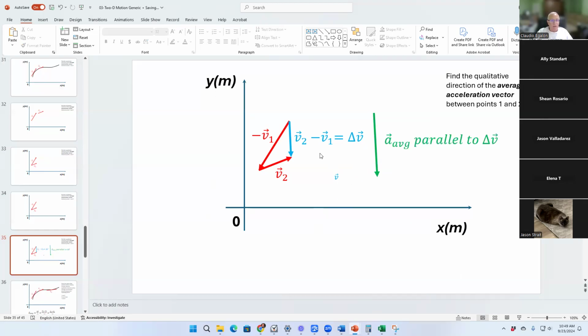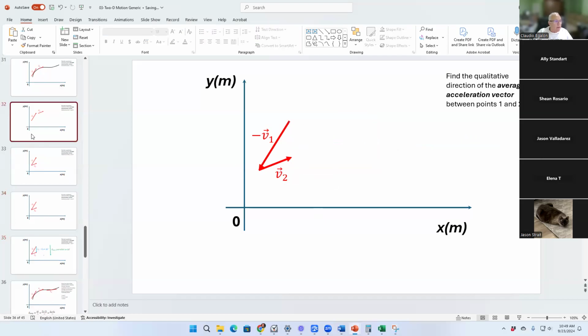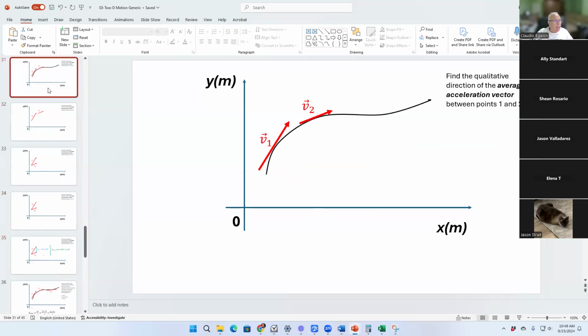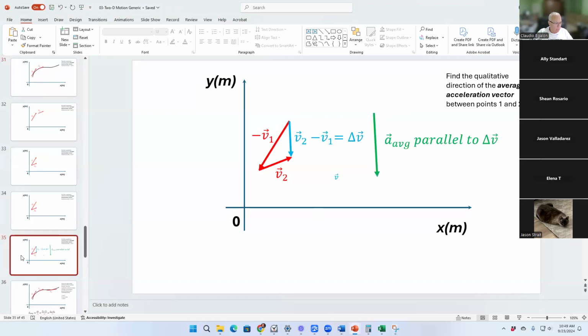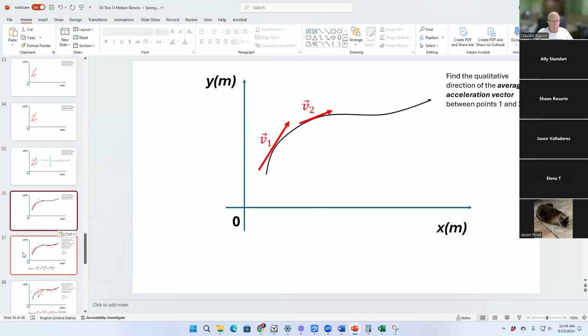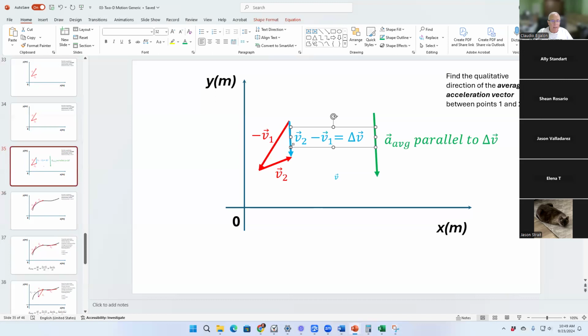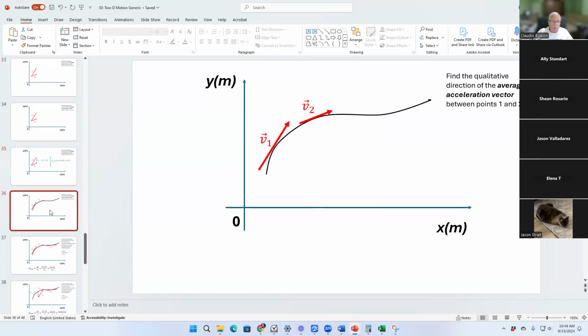Now, getting this thing back to our drawing of the path, I'm going to copy this one here. Look what you end up getting. Don't forget this delta V is somewhere in between those two points, point 1 and 2, okay?